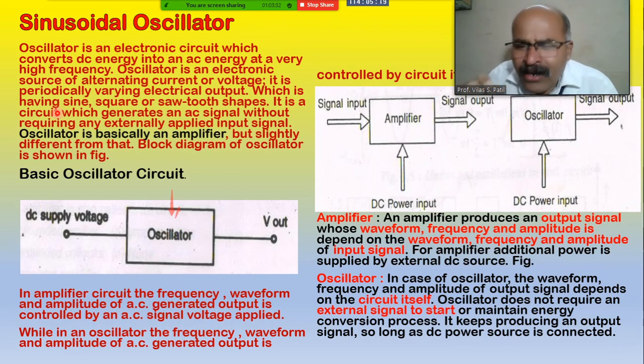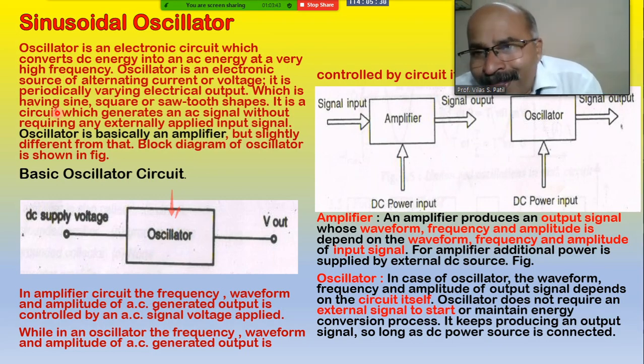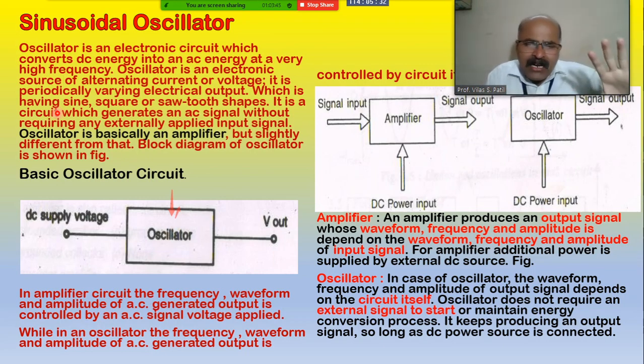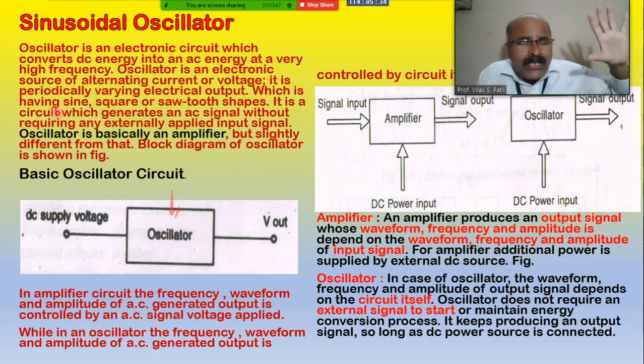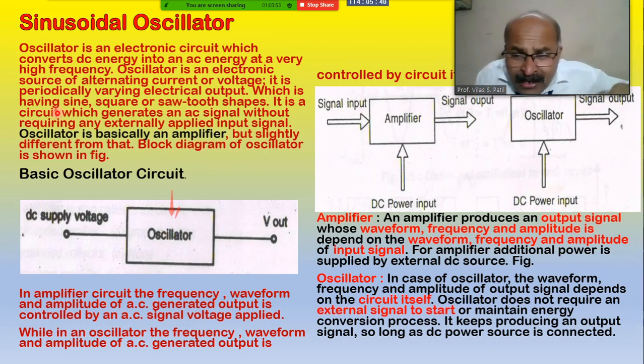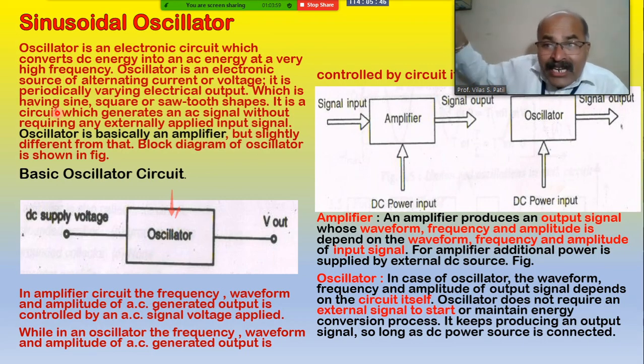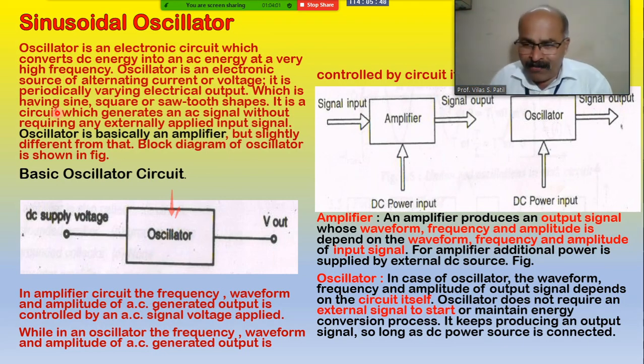Means that varying output of the voltage and current we get at the output of the oscillator. Means that output of the oscillator circuit is varying voltage or varying current. Do not see what is the nature of the waveform.